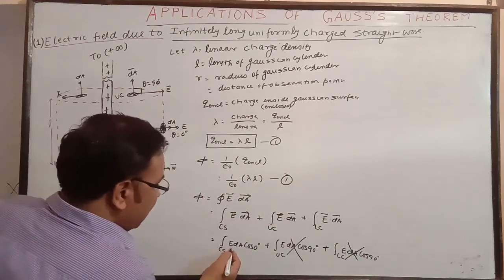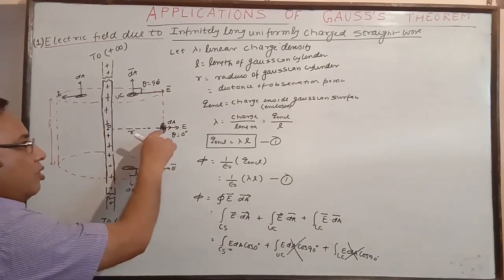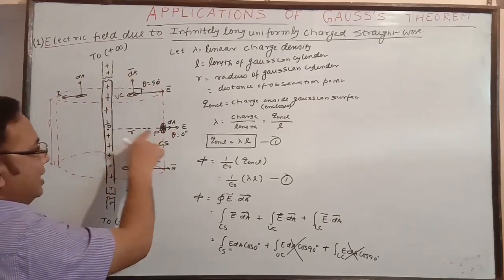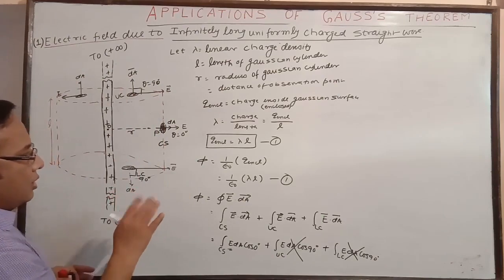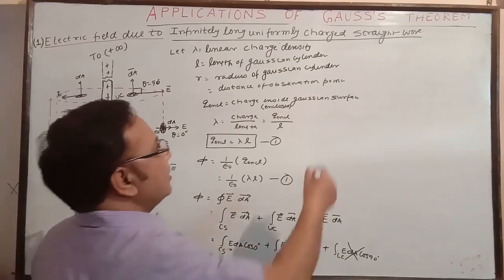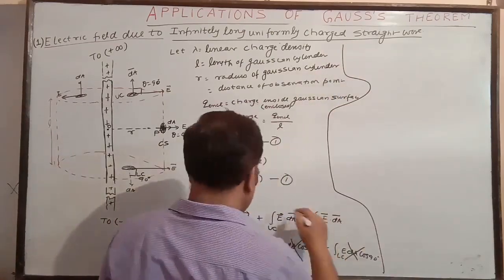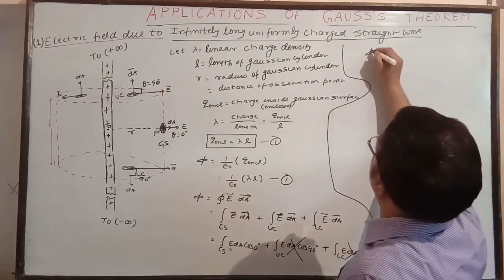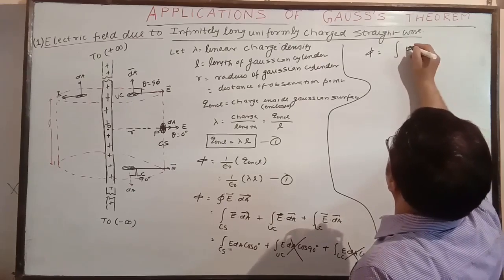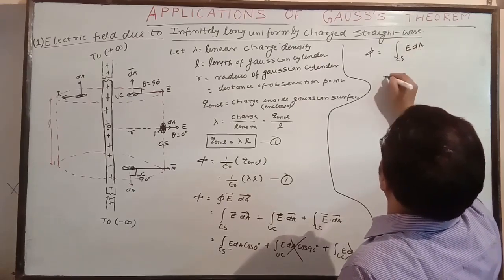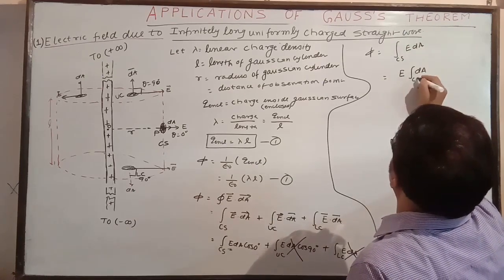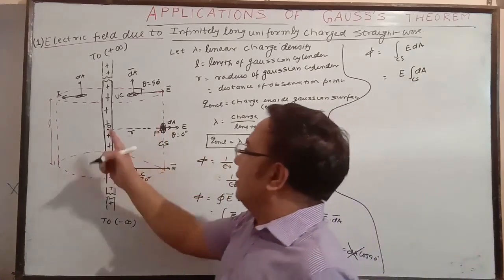The electric field is constant at all points of the curved surface, as it is radial and at equal distance. It is symmetric, so E is constant and can be taken out of the integration sign. So phi is equal to E times the integration of dA over the curved surface.